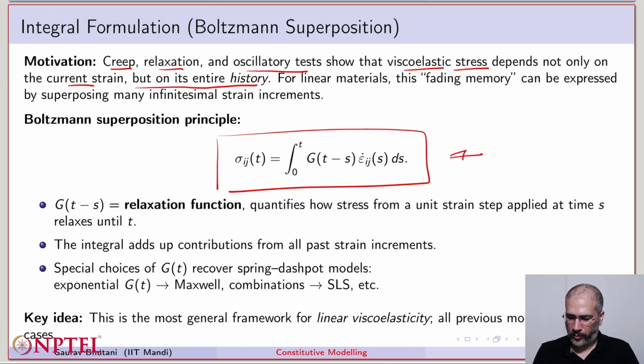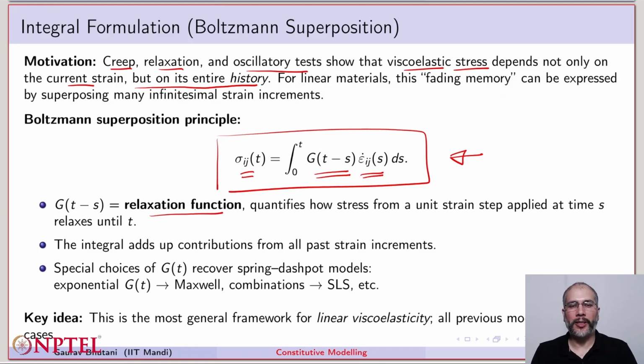So this is called the Boltzmann superposition principle, where we write sigma as an integral of epsilon dot with a convolution kernel or the Green function, which is also called a relaxation function. So the nature of this function will quantify the relaxation or the memory fading effect or the contribution of strains from the past times.